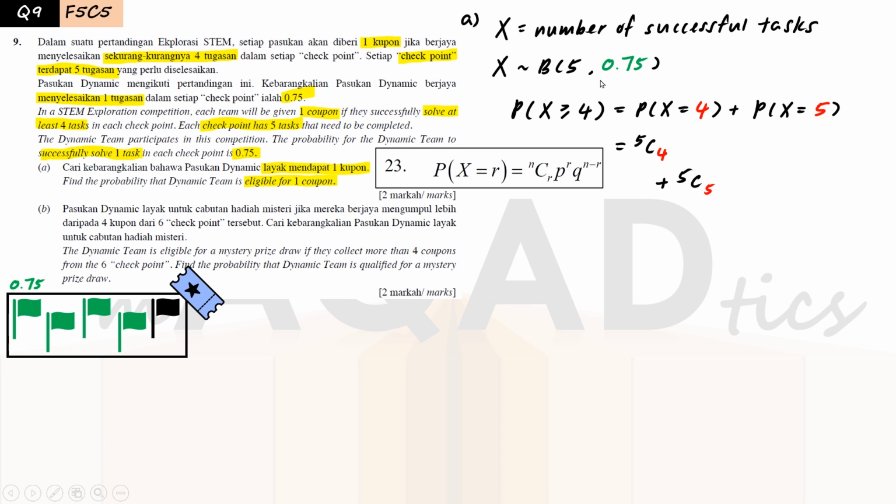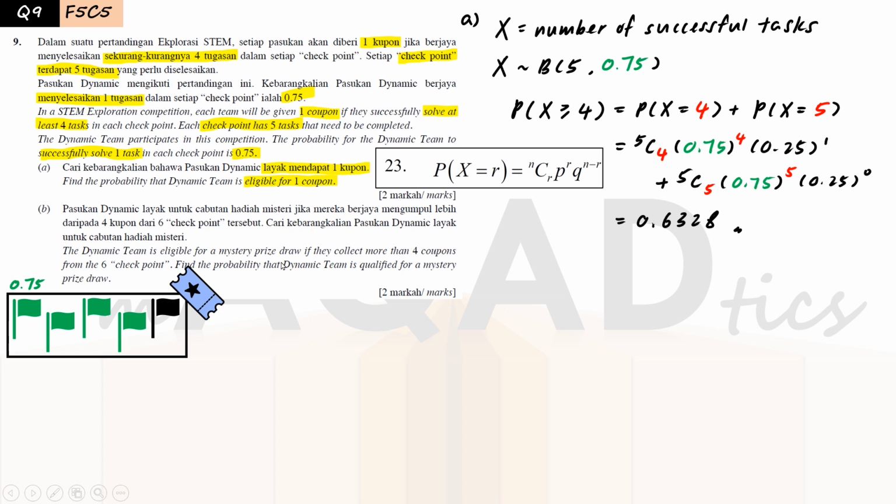The value of p will be 0.75. And q is the probability of failure, so it will be 1 minus this value, which is 0.25. Here it's n minus r, so for the first one it's 5 minus 4, which is 1, and for 5 minus 5, it's 0. We add up these 2 values, and we will get the probability.